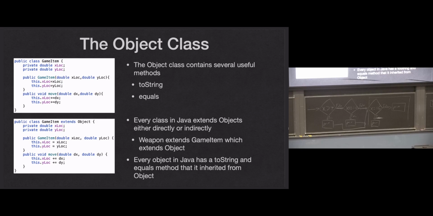So health potion extends game item, which doesn't extend anything explicitly, so it implicitly extends object. Health potion gets all of the state and behavior from both the object class and the game item class.